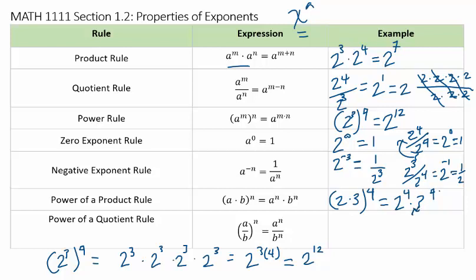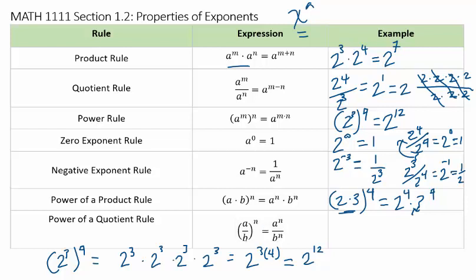So 2 to the fourth is 16, 3 to the fourth is 81, and multiply them together, you get 1,296. Okay, the probably more convenient option in this case is just to multiply 2 times 3 first and then raise to the fourth power.